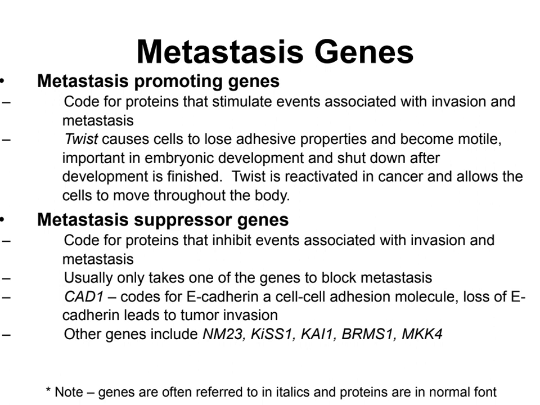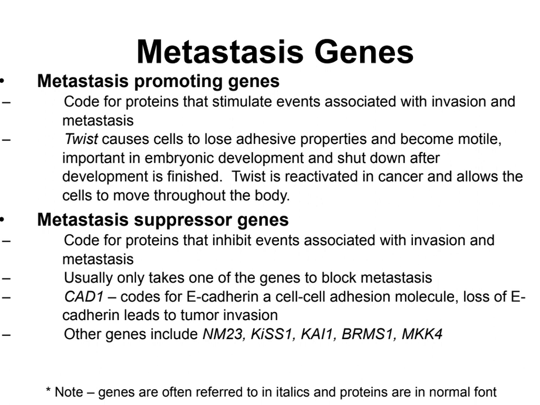Metastasis suppressor genes are proteins that inhibit events associated with invasion and metastasis. In this case, we could have a loss of a metastasis suppressor gene, and that can increase the cancer's ability to undergo metastasis. Here we have CDH1 as our example.